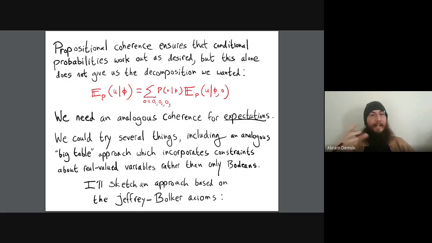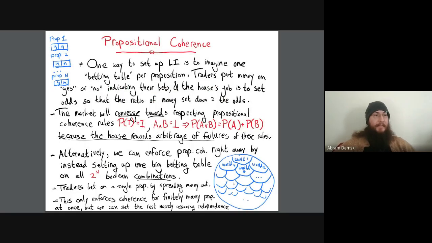We could do something analogous to this big table approach, where instead of just enforcing propositional coherence by looking at these propositional worlds, we also enforce constraints related to real valued variables. Then instead of imagining this big table specifying all the propositional worlds, we would also imagine a world specifying what value a real valued variable has, or rather we put them in bins so that we still have a finite number of bins, some range for the values.